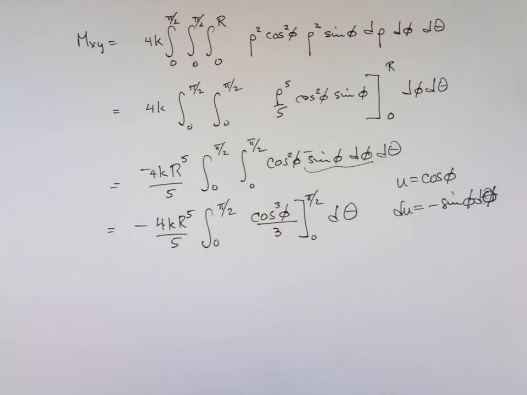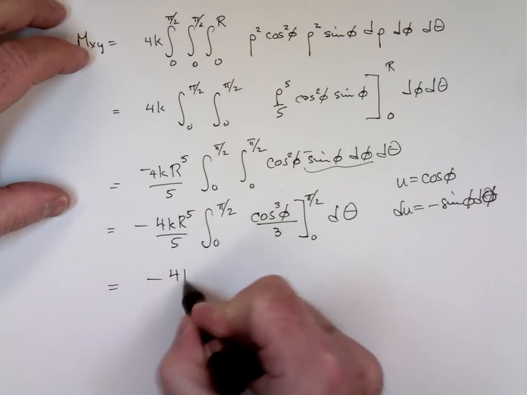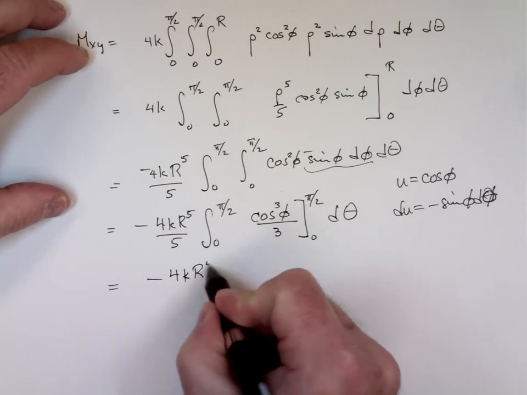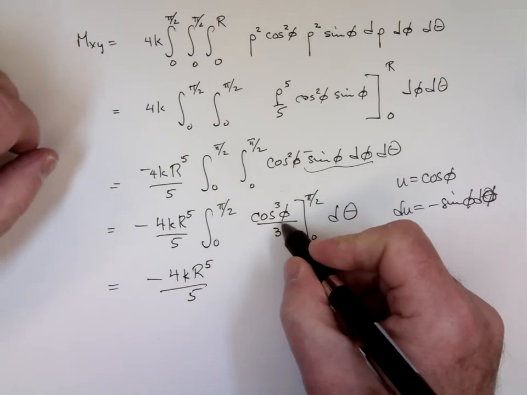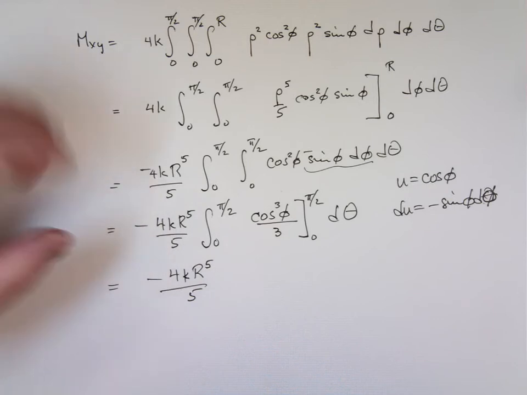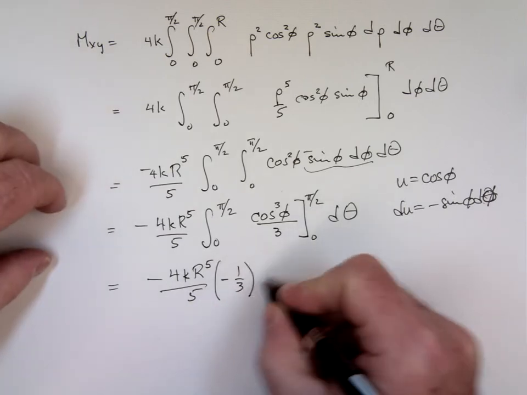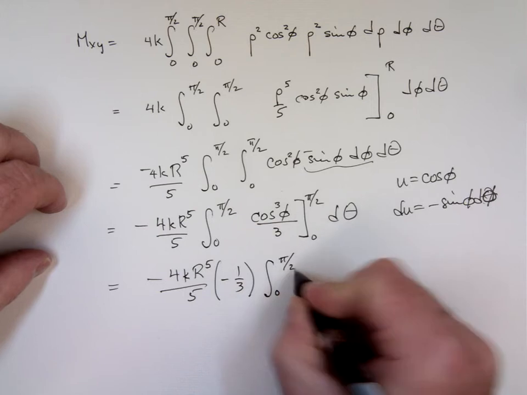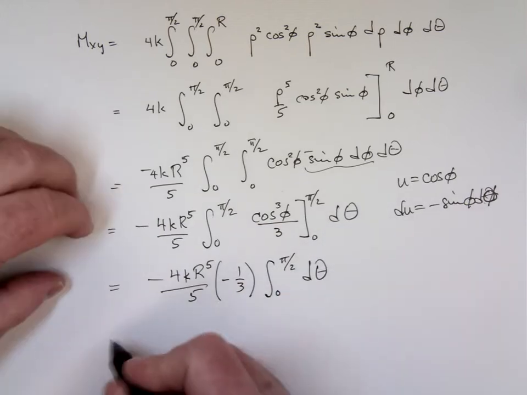So now we get negative 4k R to the 5th over 5. When you substitute in pi over 2, the cosine of pi over 2 is 0, and then it's minus the cosine of 0, which is 1. So it's a negative 1/3. Now it gets back to positive, which is good.